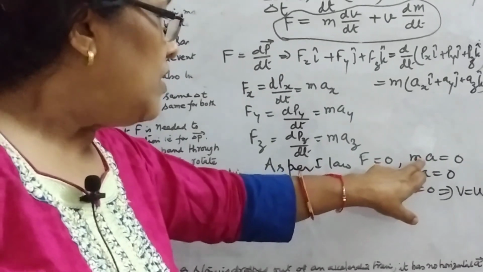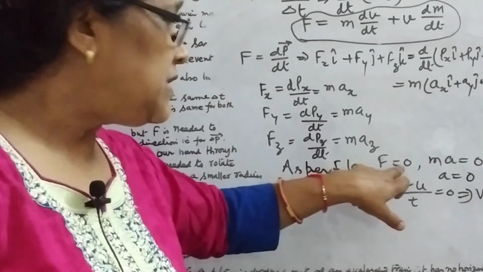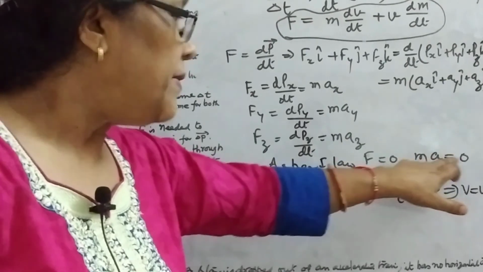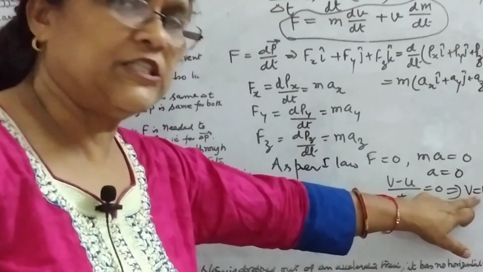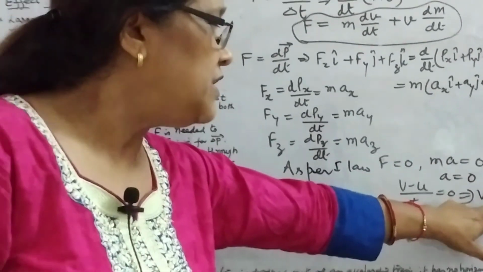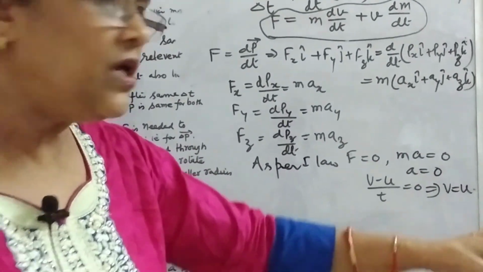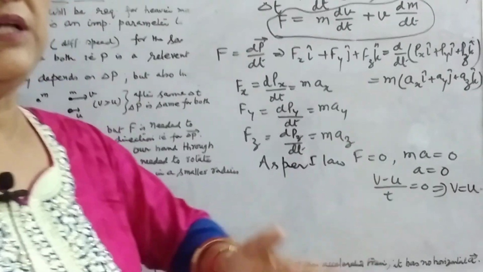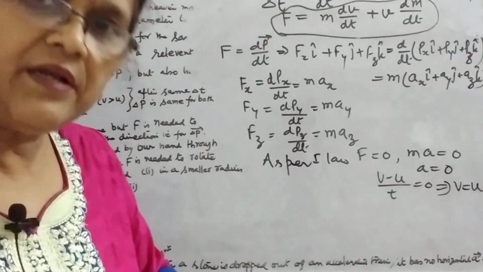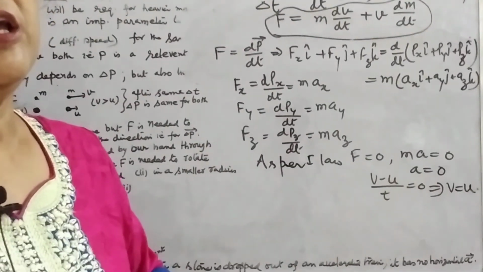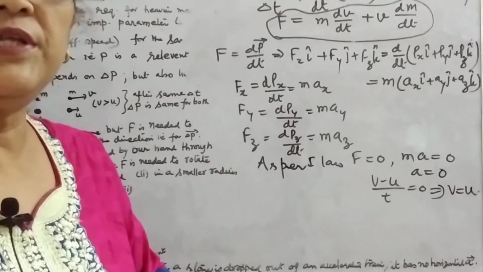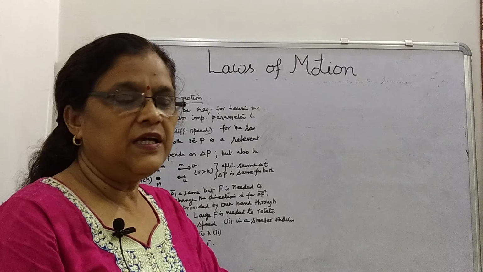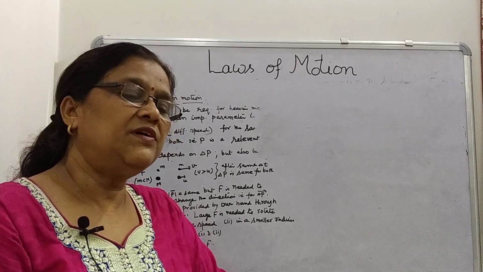The first law says F equal to 0, the second law says F equal to ma, so you will write ma equal to 0 and you get this expression. This expression says either u is 0, then it remains 0, or u has a certain value, it will remain that value. If the body is in the state of rest, it will remain at rest, or if the body is moving with a certain velocity, it will continue. Now we can see that the second law is consistent with the first law.